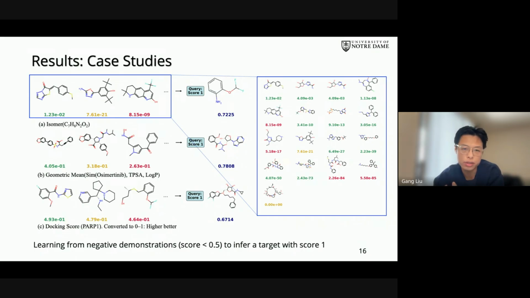One can continue increasing the size of the context windows and pre-train the foundation models with more negative examples. It may help us improve the in-context learning ability of the molecular foundation model to better hit the targets, even in scenarios where the positive examples are very rare or totally missing.